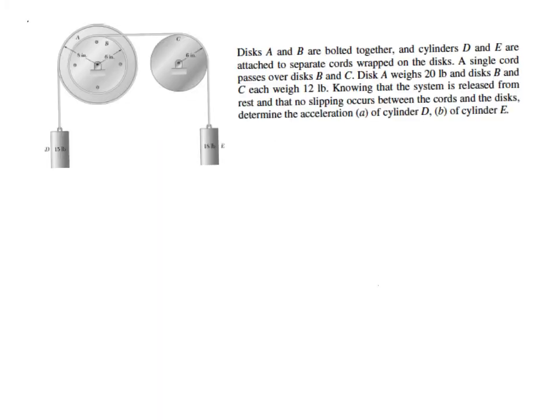So I'll give you a minute just to read this next problem statement. Again, we're just going to draw the FBD KDs for this. So disk A and B on the left with weight D attached. We've got disk C on the right with weight E attached.